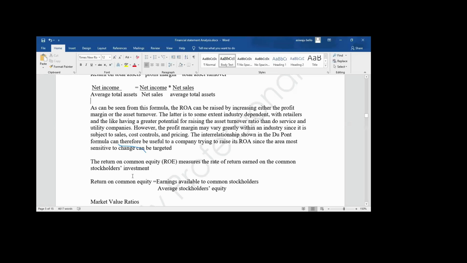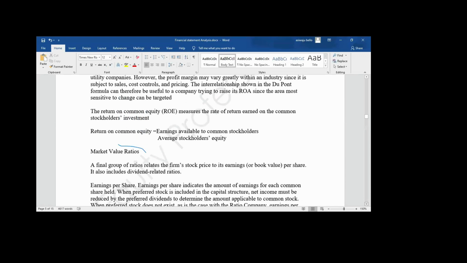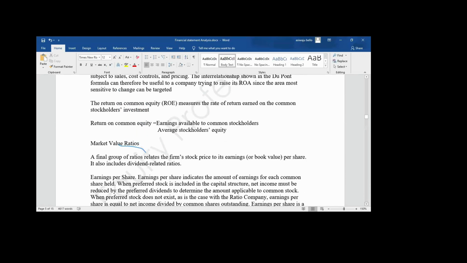Lastly, is market value ratio, what we call investors ratio. Please note, every business decision should be considered from the viewpoint of the owners of the business.